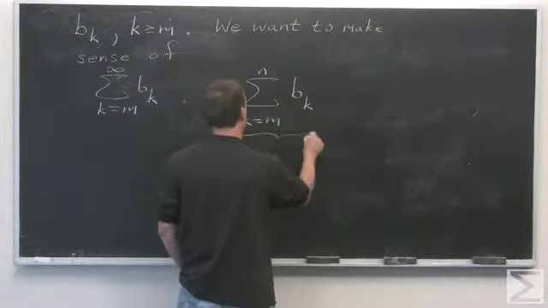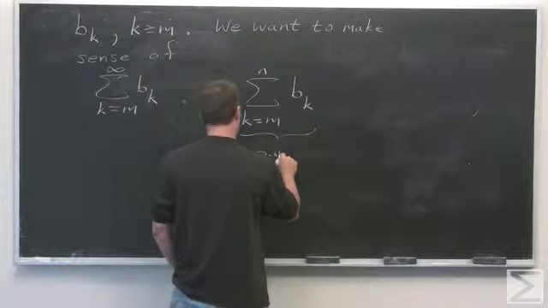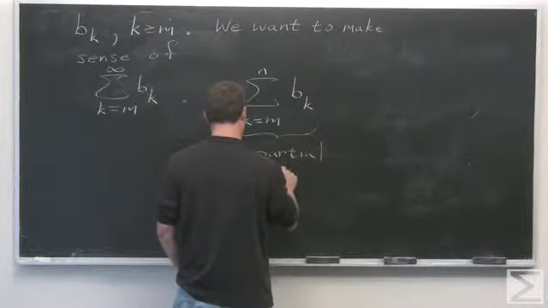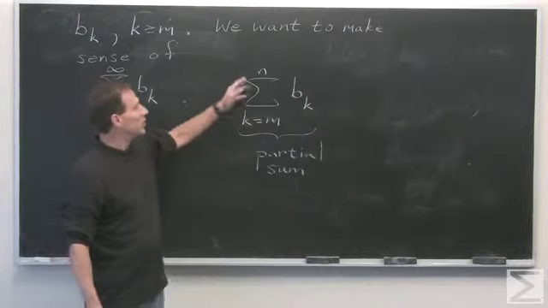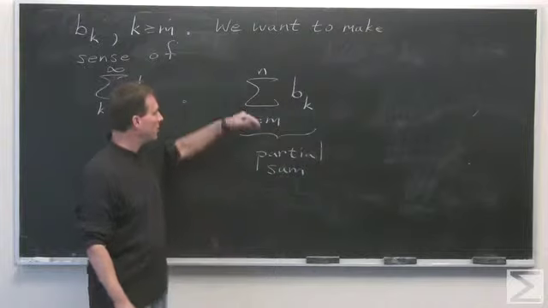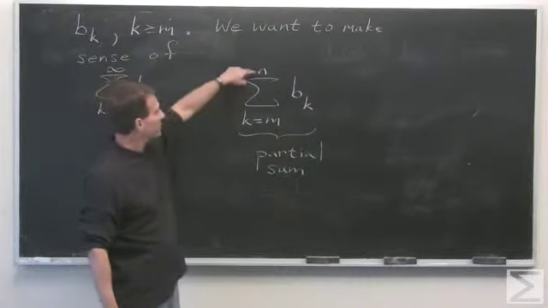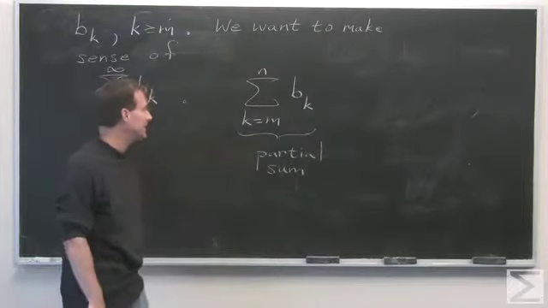This we call the partial sum, though there's a little confusion in terminology here, and we'll just try to avoid the issue. Would you call this the nth partial sum? Well, it's tempting because m is staying fixed, and every time you change the partial sum you're talking about, all you're doing is changing this n.